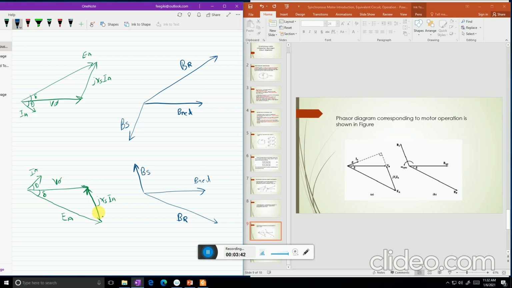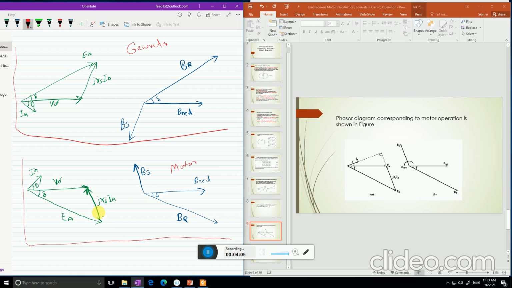So that's how the magnetic field diagram looks like. This one is for the generator, and this one is for the motor, for the synchronous motor.